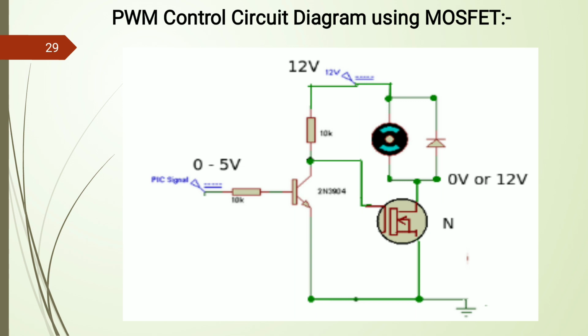So this is the way we can activate or drive the motor with the help of a MOSFET along with some normal transistors. Here we can connect a 12 volt supply for the motor as well as the MOSFET.